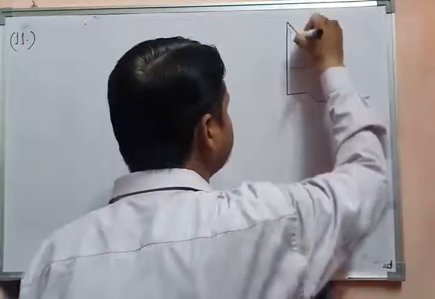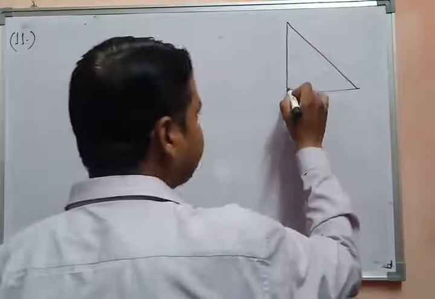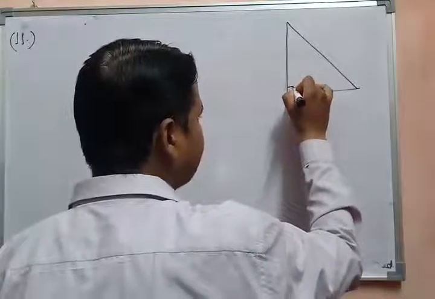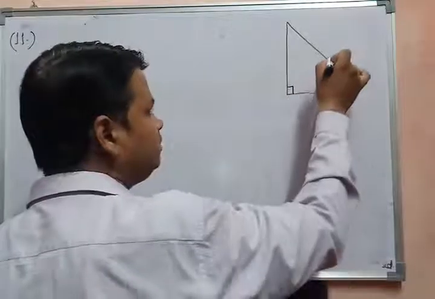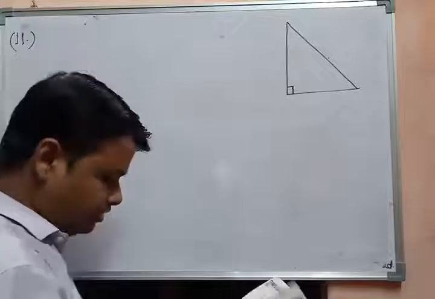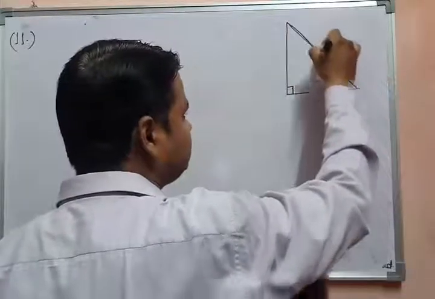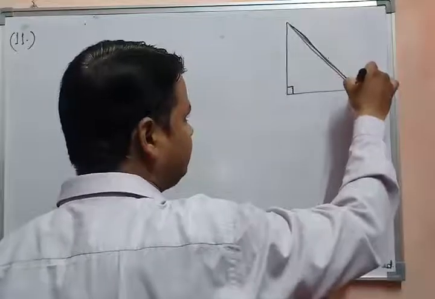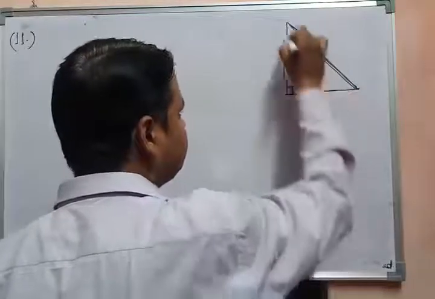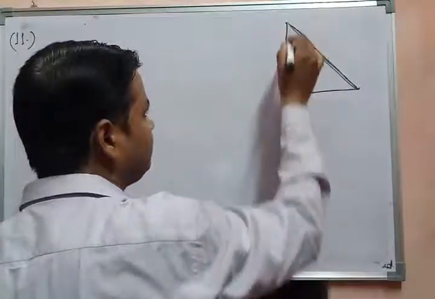A right angle triangle is made by this figure, and you know that in a right angle triangle the longest side is opposite to the right angle. So this is the right angle triangle. This side is called the hypotenuse, this side is called the base, and this side is called the altitude.